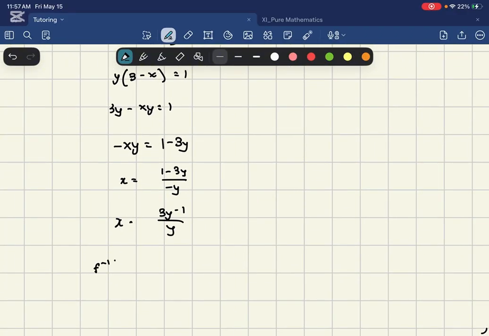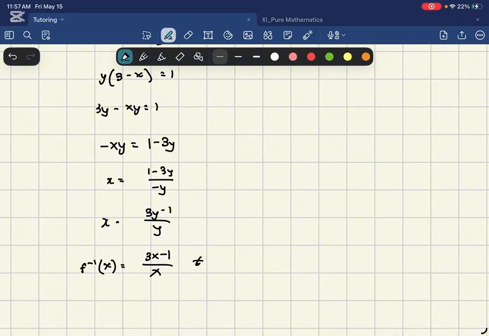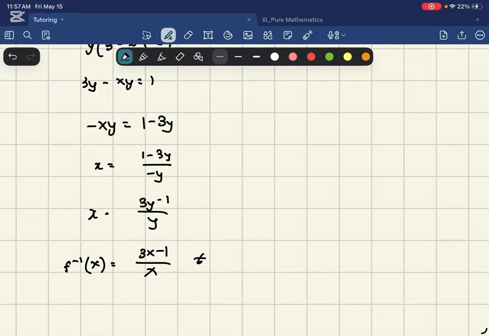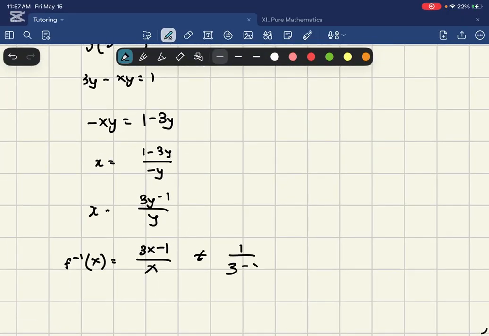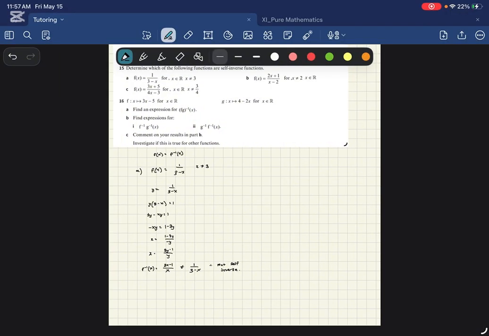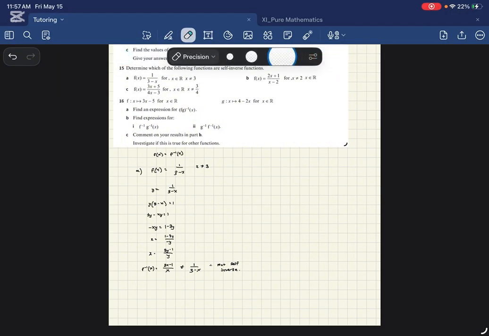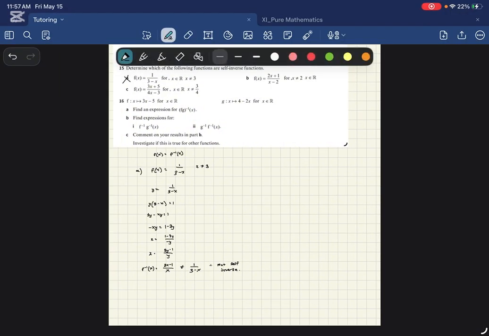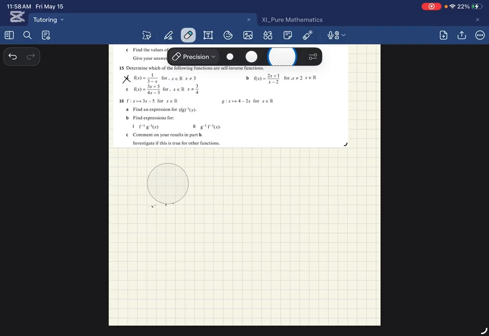So f inverse of x is equal to 3x minus 1 over x. This does not equal 1 over 3 minus x. Therefore, not self-inverse. All right. So A is not self-inverse. This is no. So let's look at B.